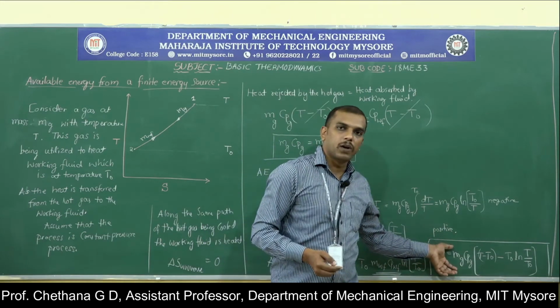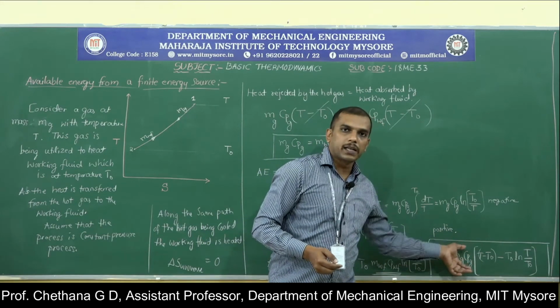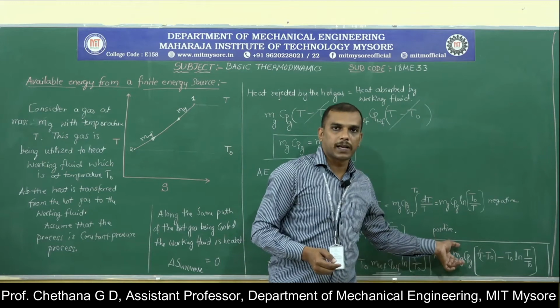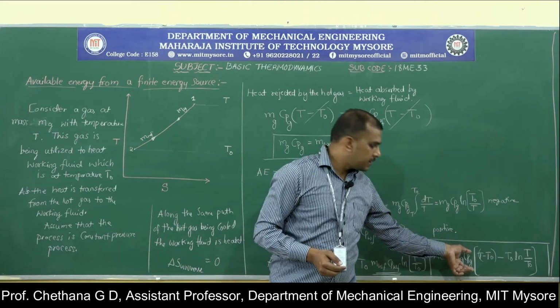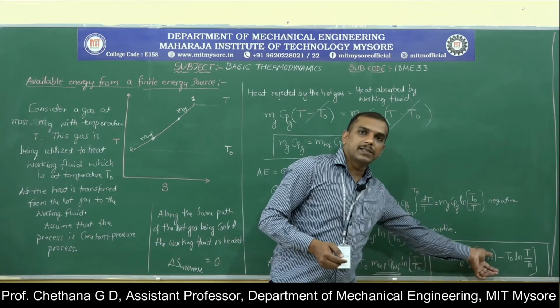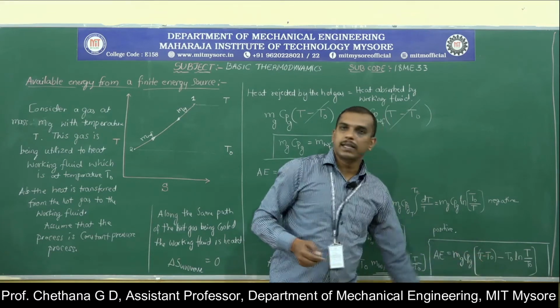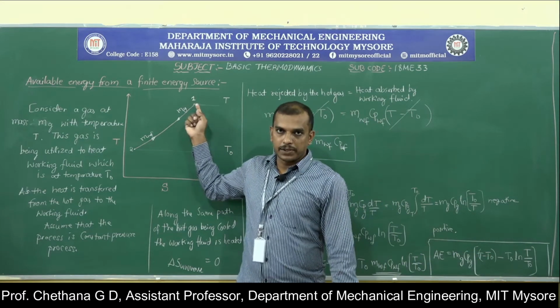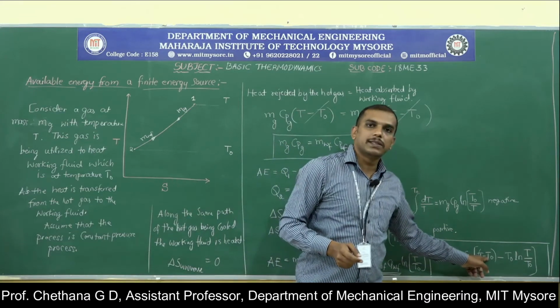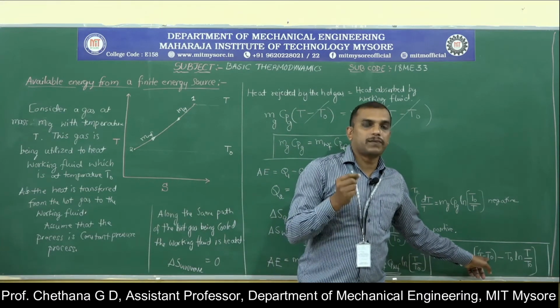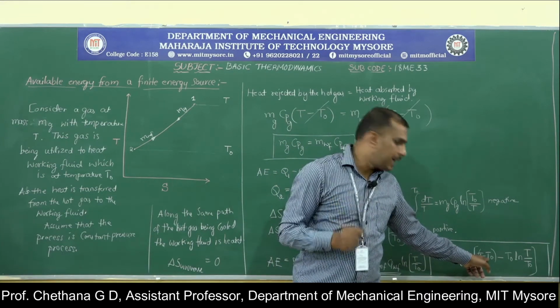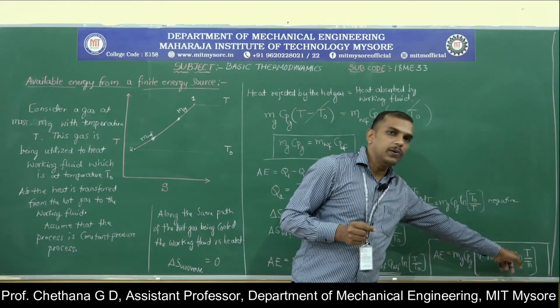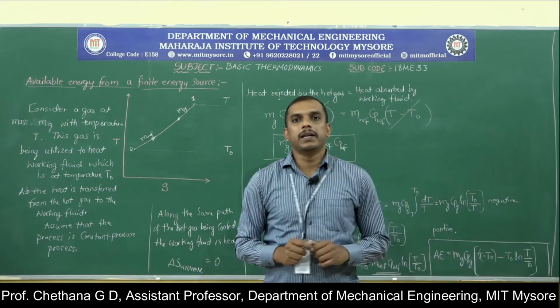Available energy will be equal to mg cpg, that is the mass of gas, Cp of gas, into T minus T naught, where T is the temperature of the gas initially and T naught is the temperature of the surroundings or temperature of the dead state, minus T naught into ln of T by T naught.